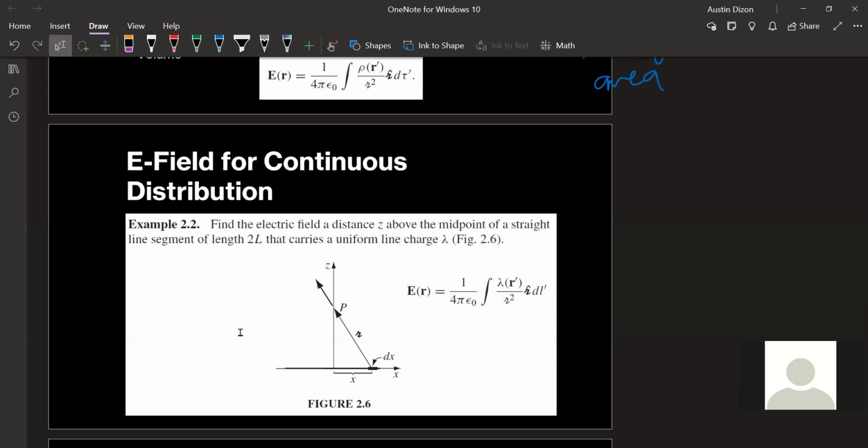Ano nga po ulit yung tanong, sir? Ang tanong ko is kung pagkatapos natin i-solve yung problem natin, saan nakatutok yung electric field at this point P?